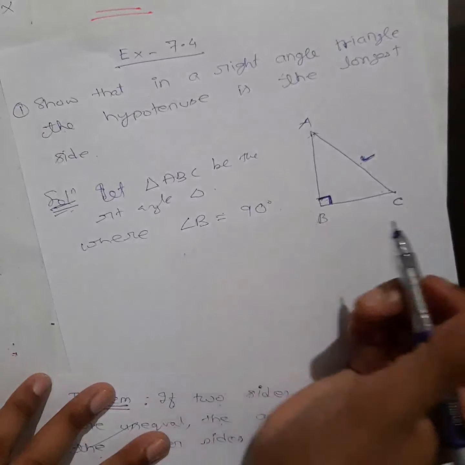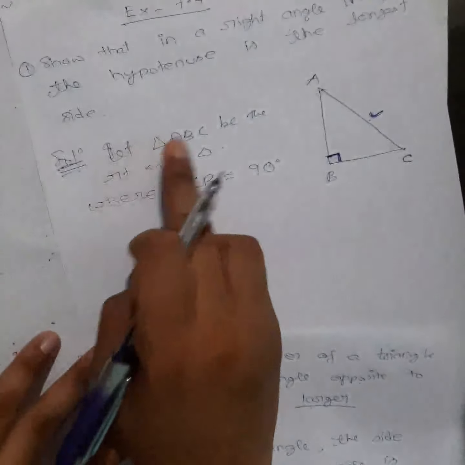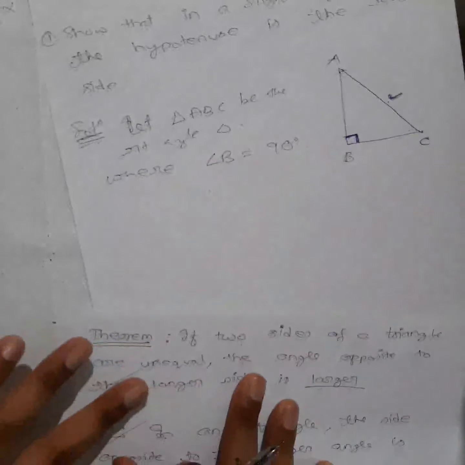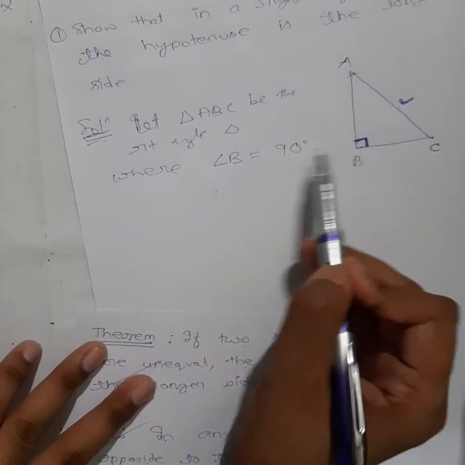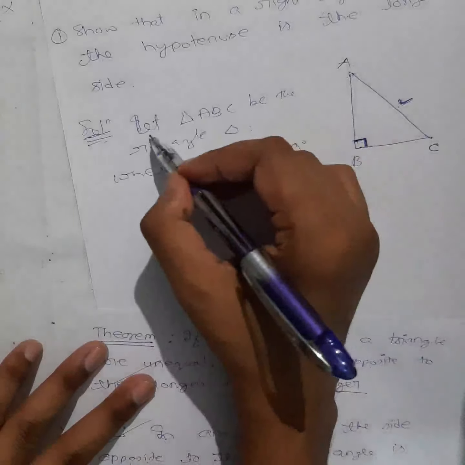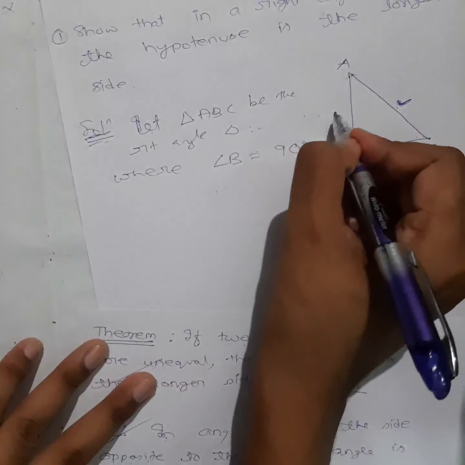I have taken this myself because it is not mentioned in the question. So that's why I'm writing let triangle ABC be the right angle triangle, where angle B is the right angle. You can also write: let triangle ABC be the right angle triangle, right angle at B. Anyhow, you can write like this.